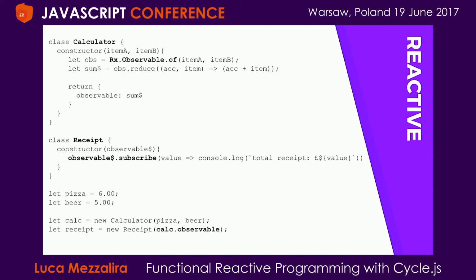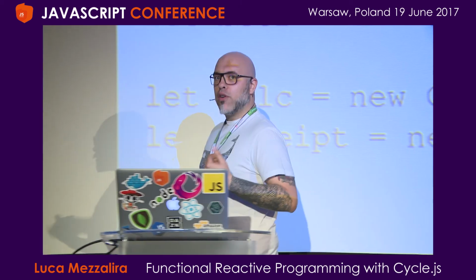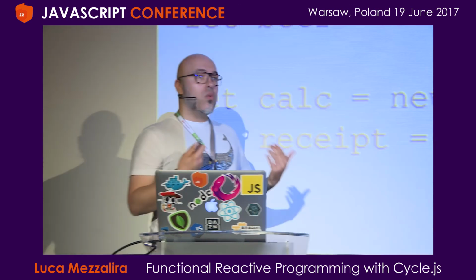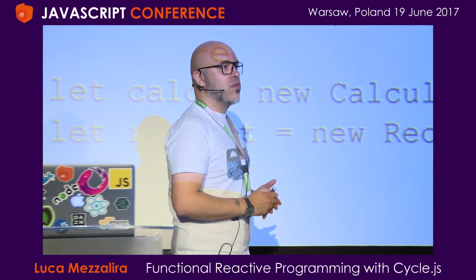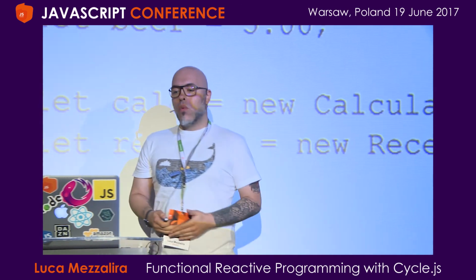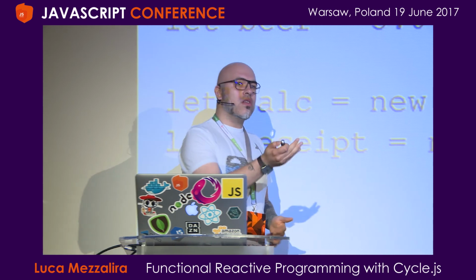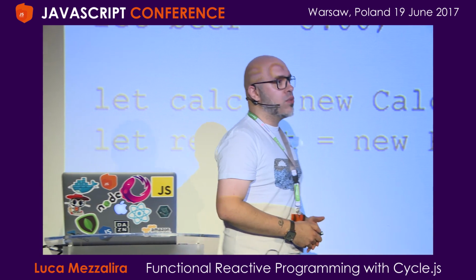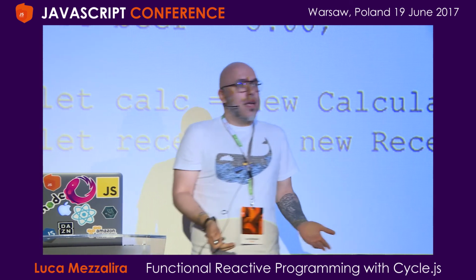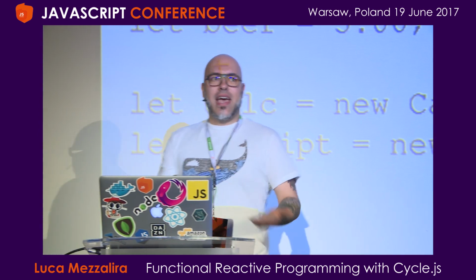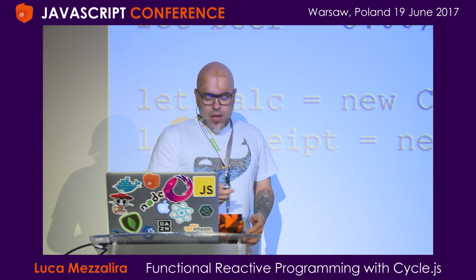Pretty simple, but it's completely changing the paradigm, because now I can totally decouple calculator and receipt. The refactor for me is way easier. Also, the way I'm going to test these classes becomes way easier. And if I want to swap the receipt with another class or object, I can do that. It's not a problem. I'm not going to affect anything inside my program.